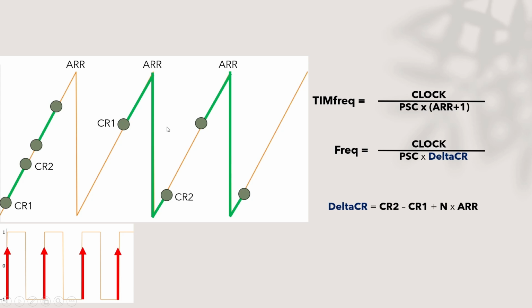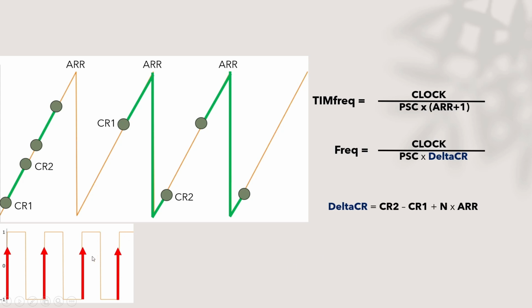In one cycle, we have this. This corresponds to the minimum frequency we can acquire. And the maximum frequency will of course be when this value is just equal to 1. So we just have clock divided by prescaler. That's the maximum frequency that we can get with our timer.